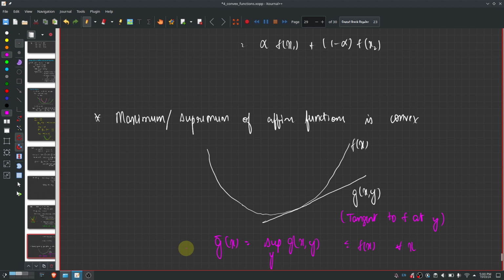And g bar of x is guaranteed to be convex. But this is actually equal to f of x. Because if you take any particular point x, g of x comma y is always less than or equal to f of x, but there is at least one y for which g of x comma y is equal to f of x, because there is one tangent that passes through this particular point.